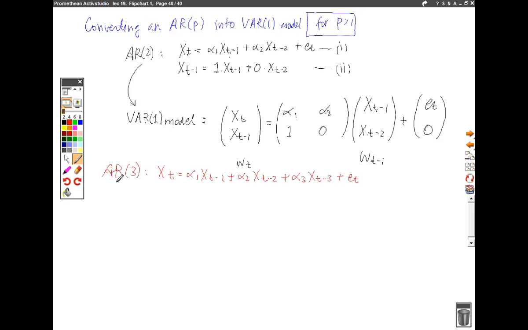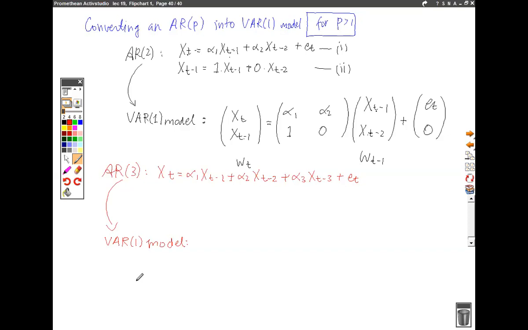Okay, so try to write a VAR1 model. What will be the first step?